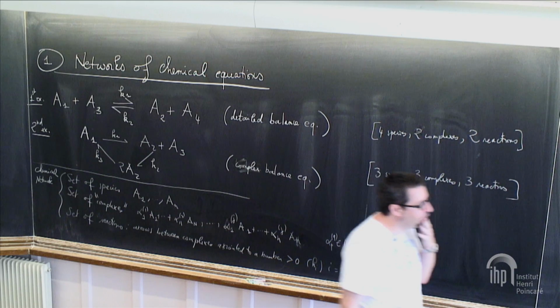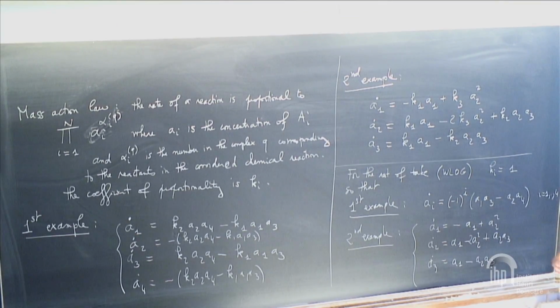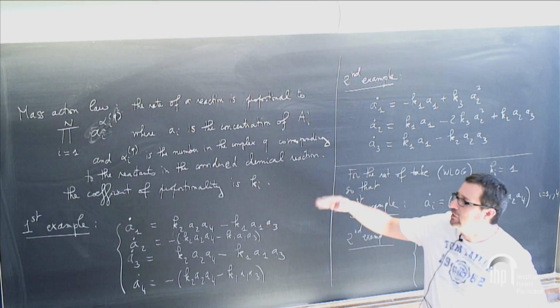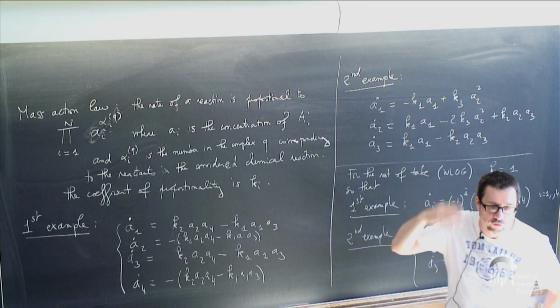I should add at this level that, in this talk, I will not speak at all about the rigorous derivation from other models, models with a finite number of particles, or models of Boltzmann type.